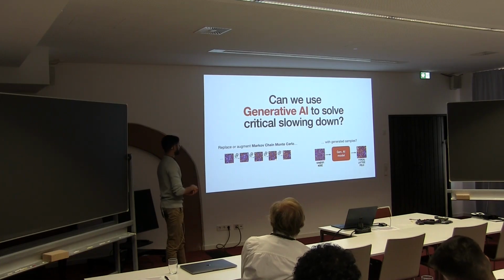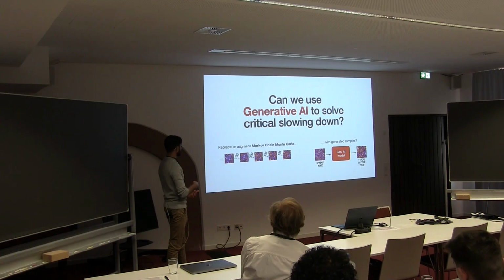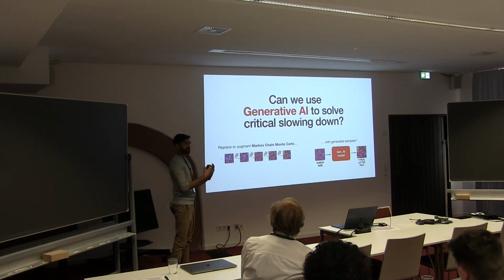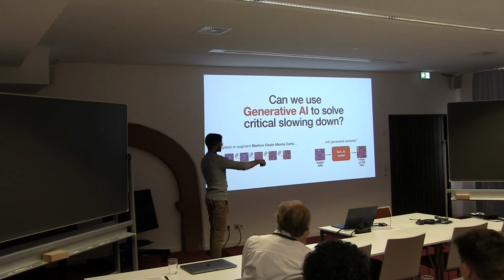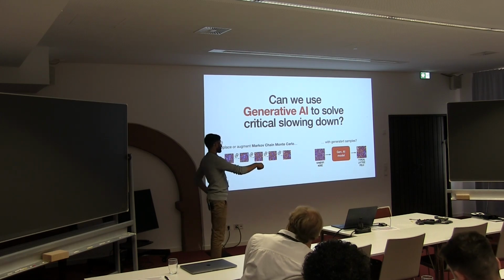The general picture that I would like you to take away from this, if nothing else, is that this Markov chain Monte Carlo, where I'm doing an iterative update to my field configuration, which is causing the critical slowing down, maybe I can break that chain and replace it with this approach of generative AI models.